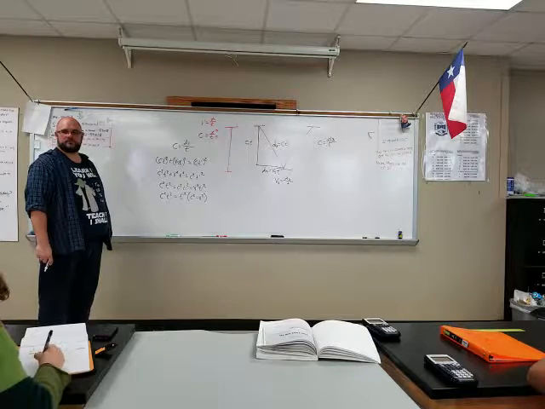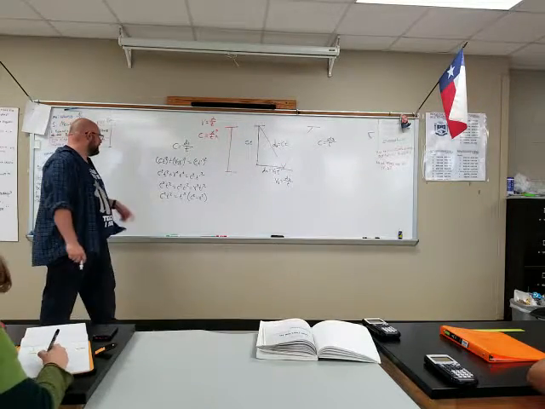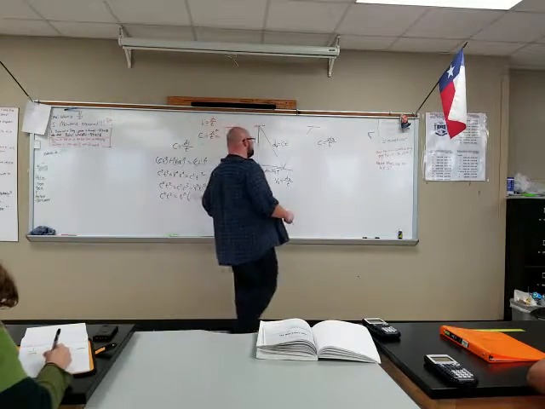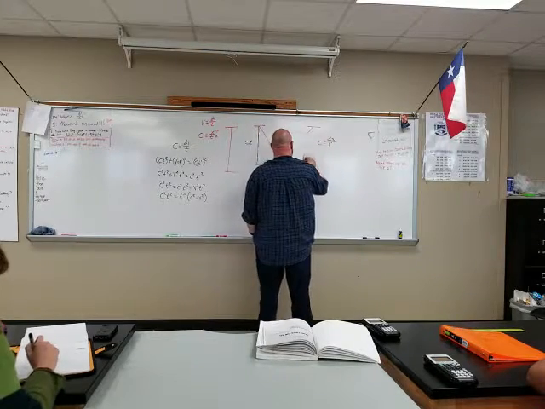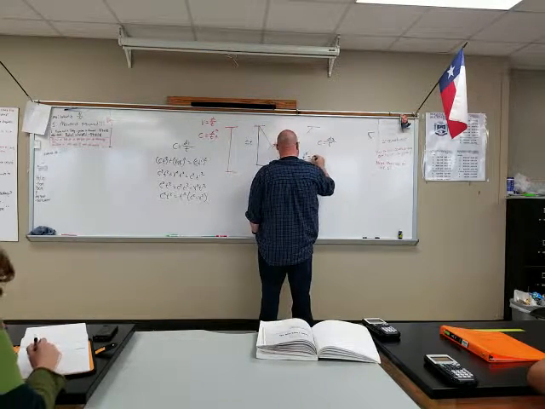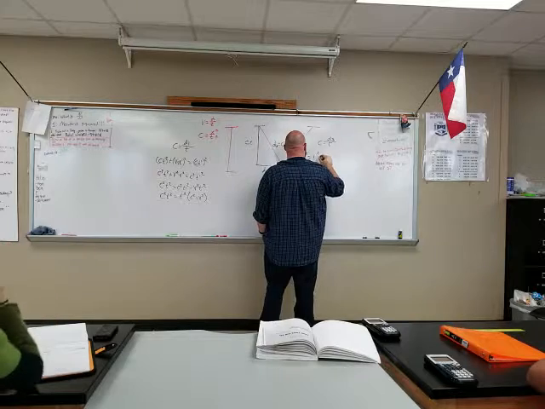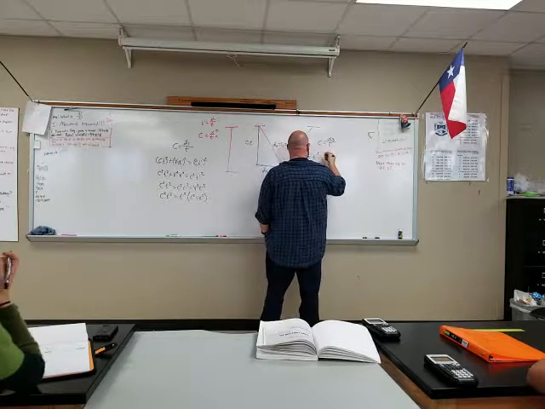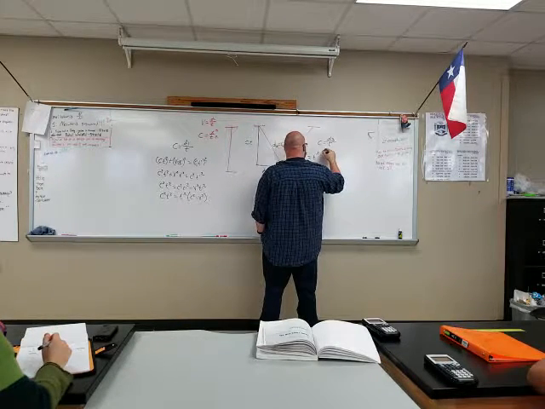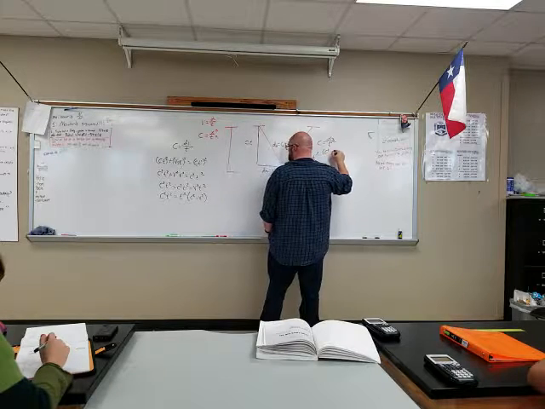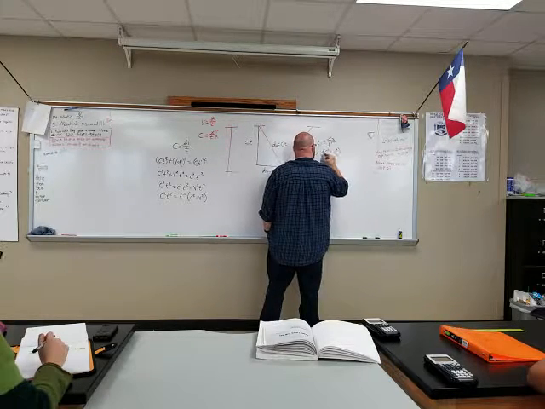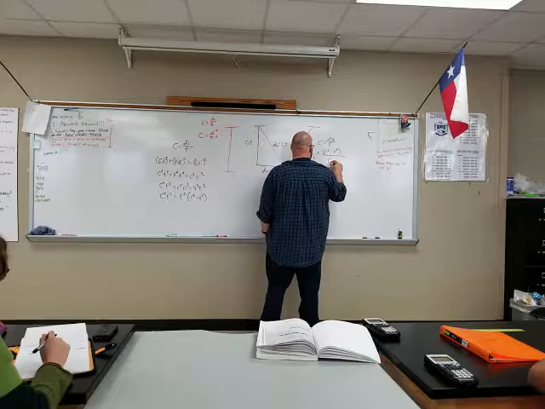Guys good? Alright, now I'm going to divide c squared over. So t squared is equal to t prime squared. I'm going to leave that out. So c squared minus v squared divided by c squared.